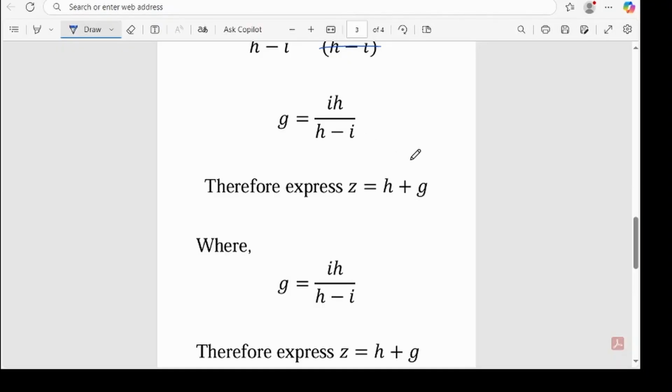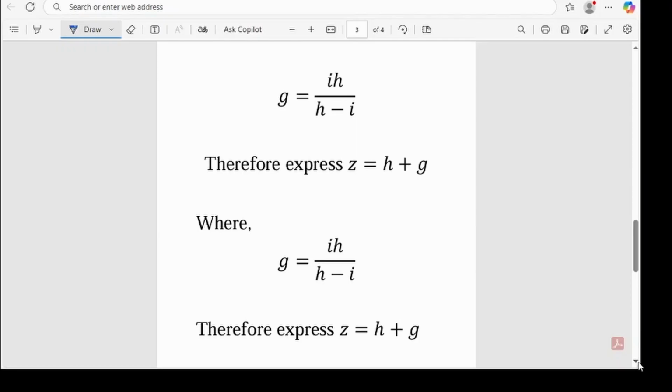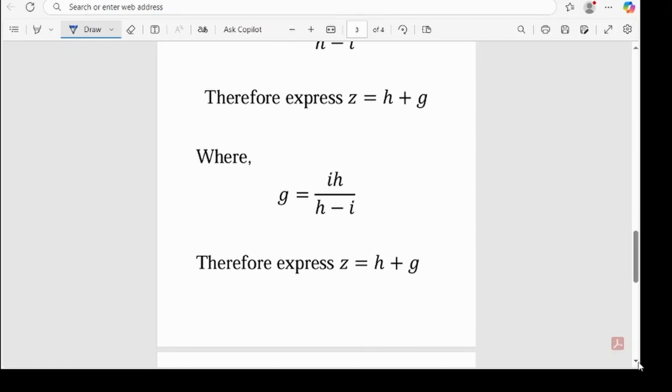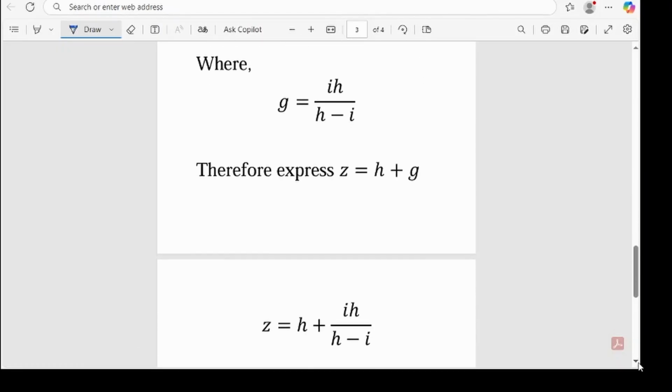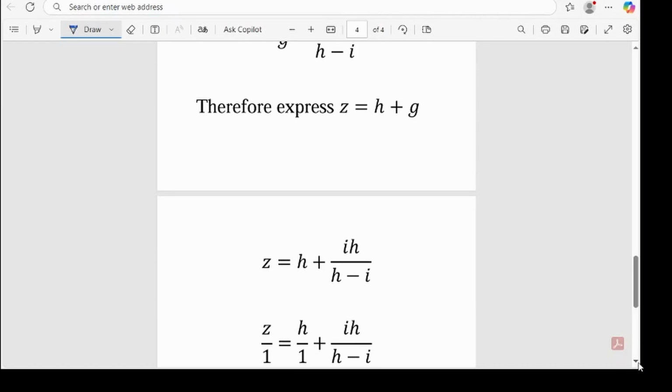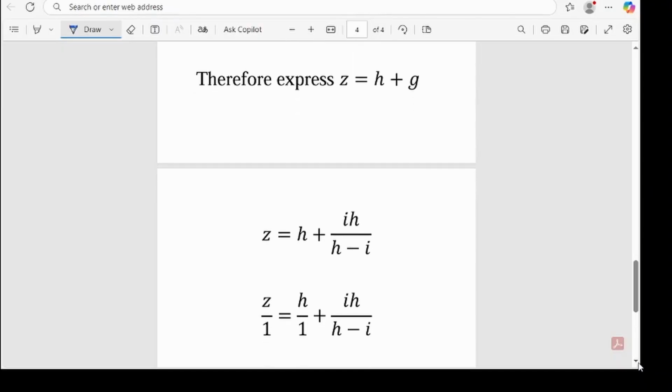And the question is demanding us to express it in terms of Z, which is H plus J. So where J equals IH over H minus I, therefore, expressing Z equals H plus J is giving us Z equals H plus IH over H minus I, right?